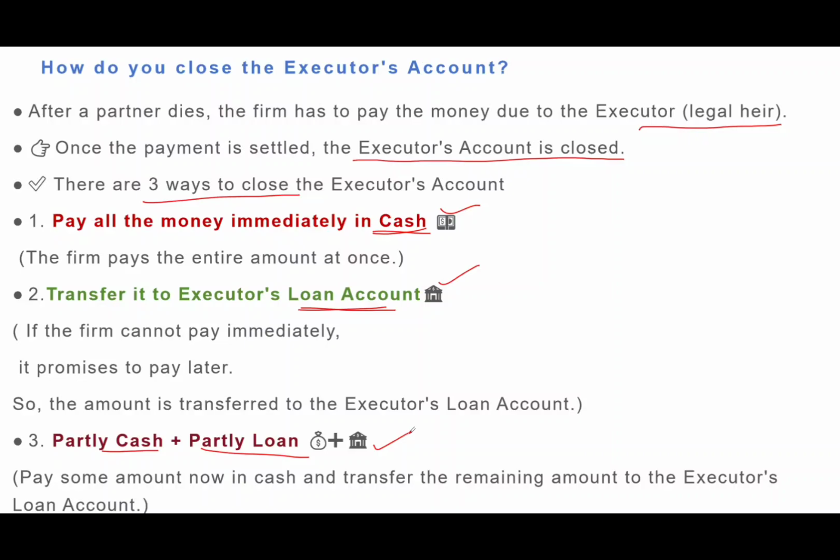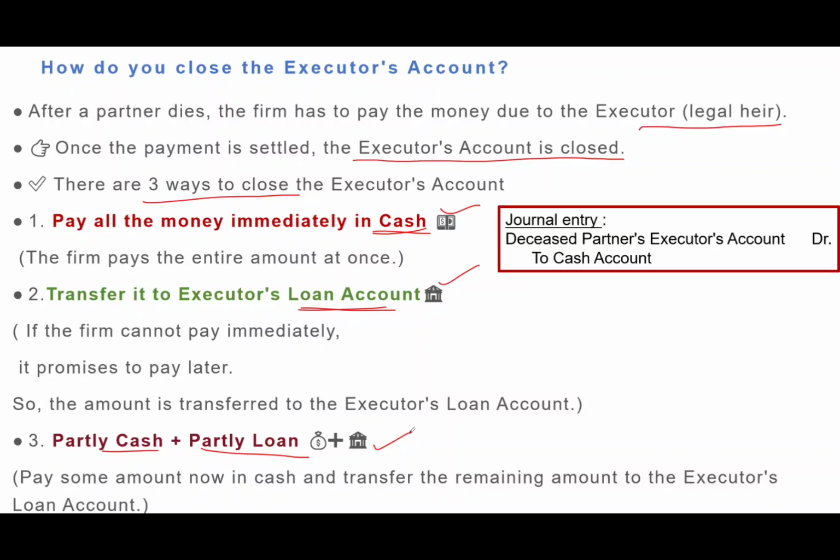So now we will see how to pass the journal entry in the case of money which is paid immediately to the executor. So the journal entry will be deceased partner's executor's account debit to cash account.